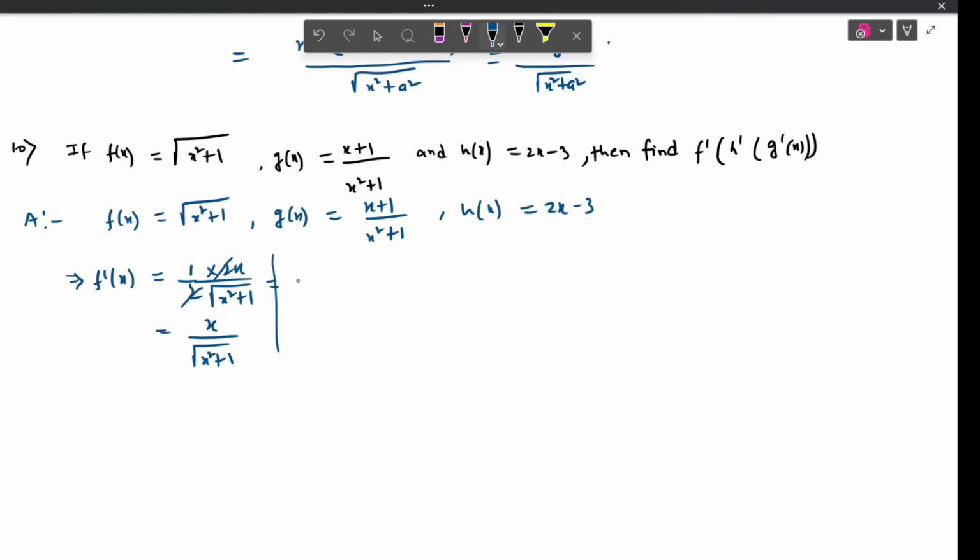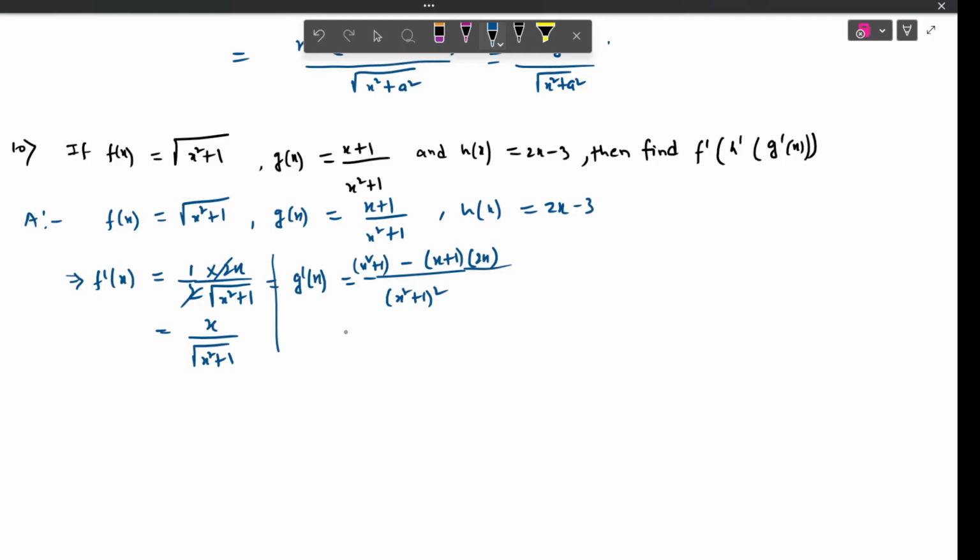Now what would be the differentiation of g of x, that is g dash x. If we apply the u by v rule, then it would be x square plus 1 whole square, keeping x square plus 1, differentiation of x is 1, minus differentiation of 1 is 0, minus keeping x plus 1, derivative of x square plus 1, x square derivative is 2x, and derivative of 1 is 0.